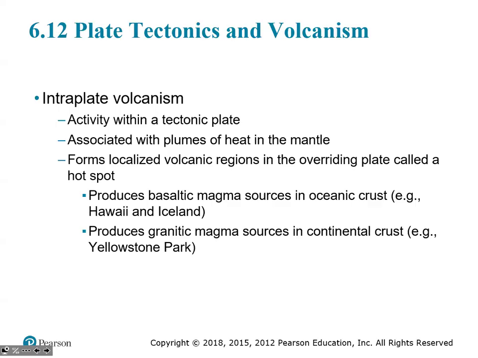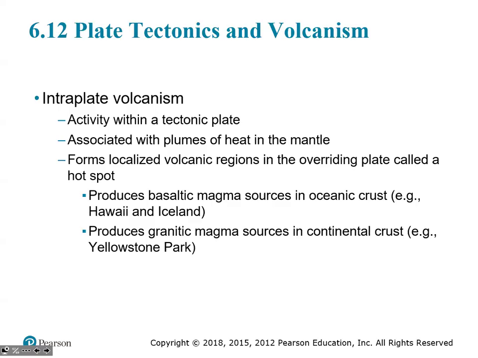Now, there's also some amount of intraplate volcanism. There are places where there are volcanoes in the middle of a plate, nowhere near the edge of a plate, like Hawaii, or the volcanic activity at Yellowstone National Park, for example. These are associated with plumes of heat in the mantle rising up, causing melting.